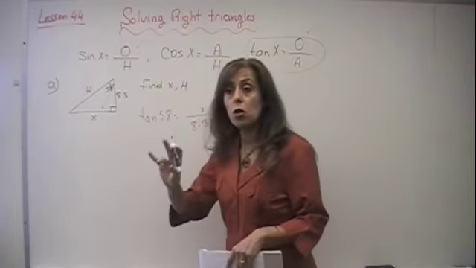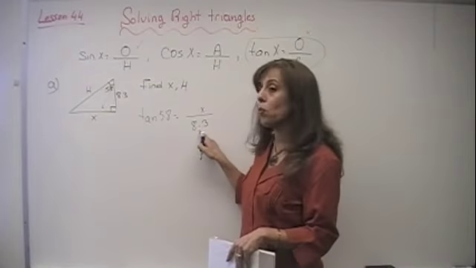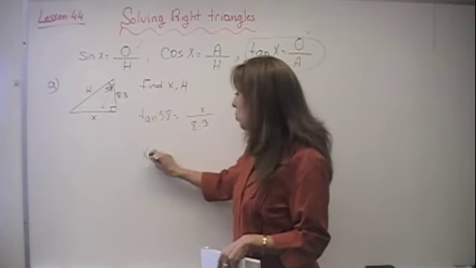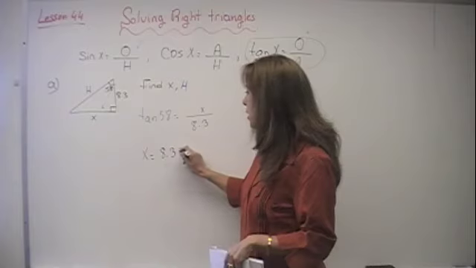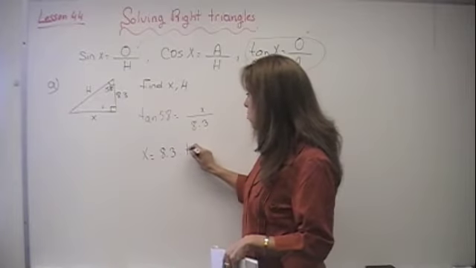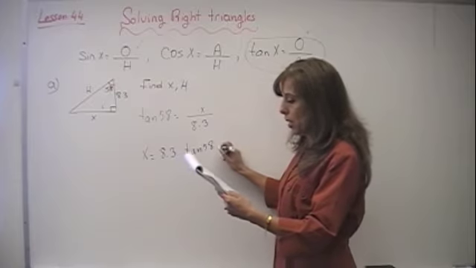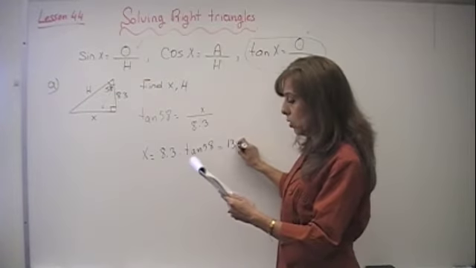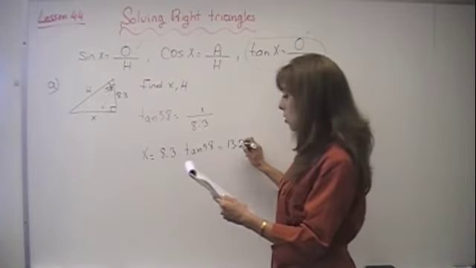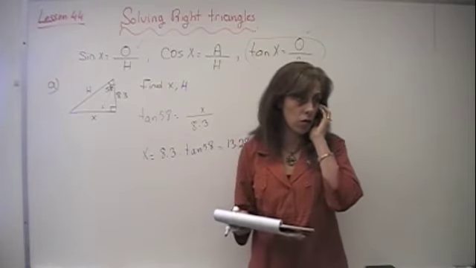Plug tangent of 58 into your calculator and multiply by 8.3. So x will be 8.3 times tangent of 58, and your answer will be 13.28. We're going to round to the nearest hundredths.